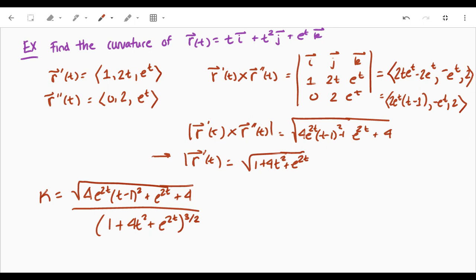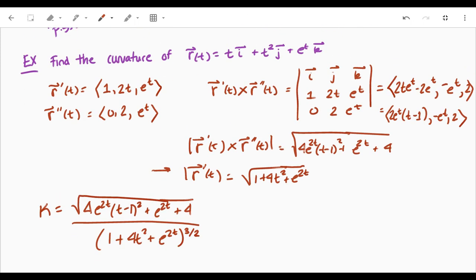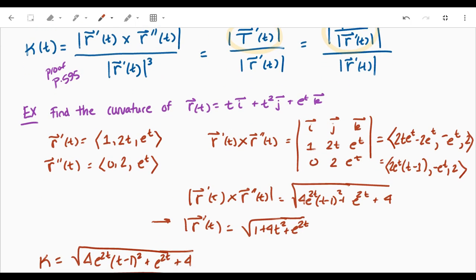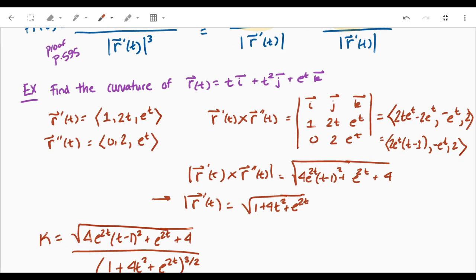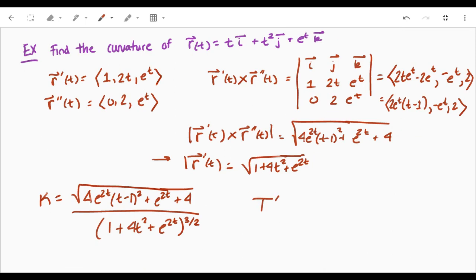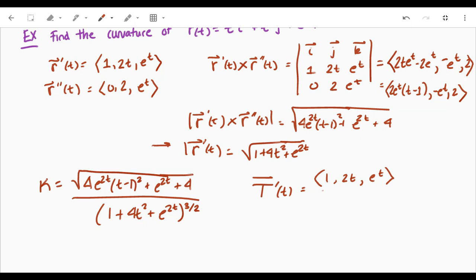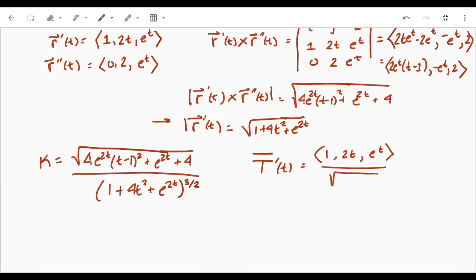Again, if you wanted to, you could do it the other way. Let's see here. How tough is it going to be if we did T prime of t, then would be r prime over its magnitude. So it would be 1, 2t, e to the t over the square root of 1 plus 4t squared plus e to the 2t.